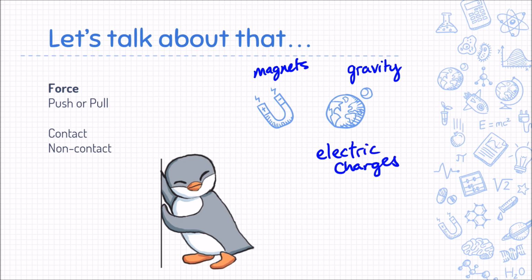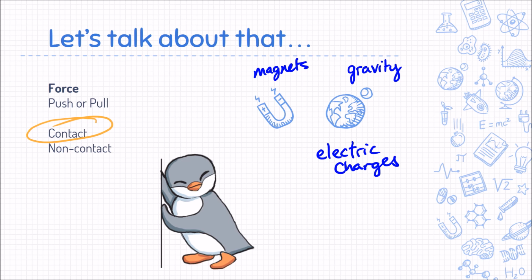If we have a more typical object, such as a table, a chair, a rope, a chain, anything that's more physical, those things can only exert contact forces, which means the only time that they can have a force or influence our object is when they are physically touching our object.